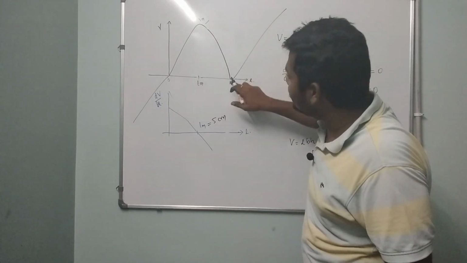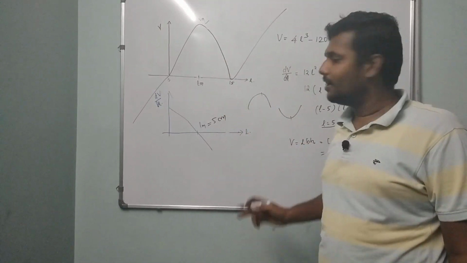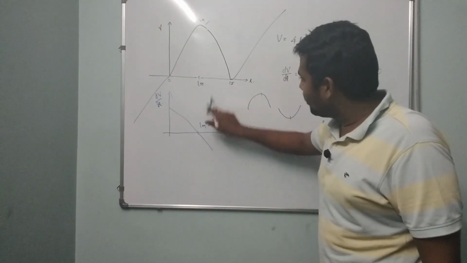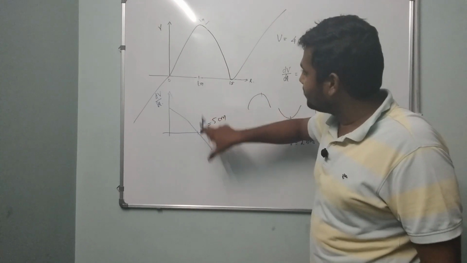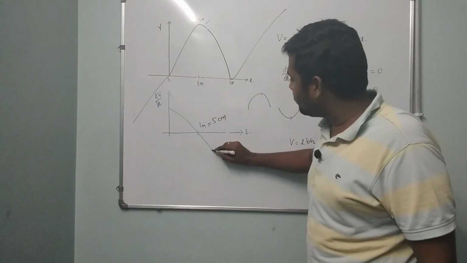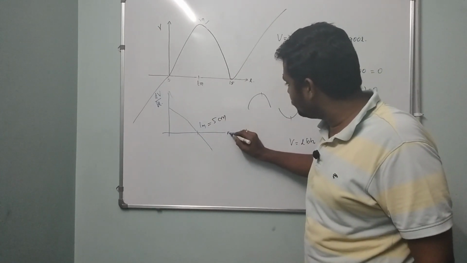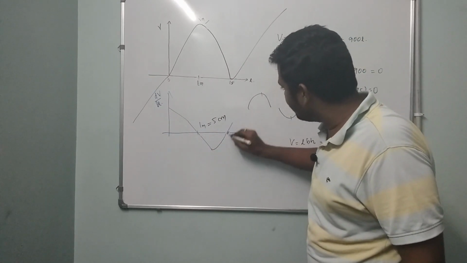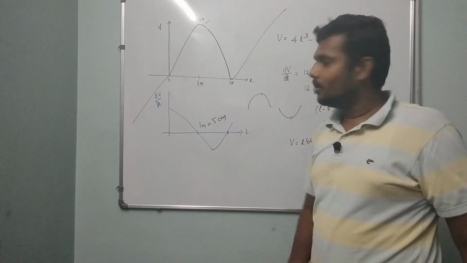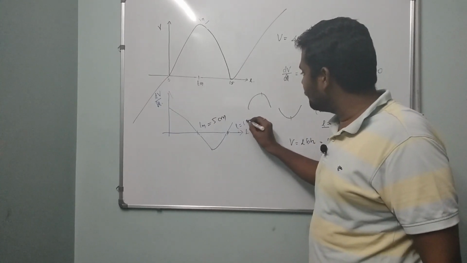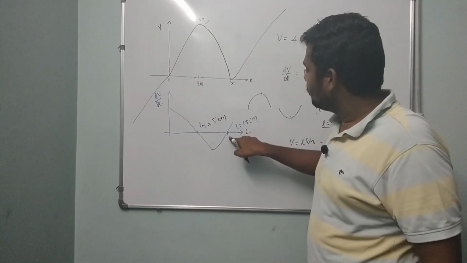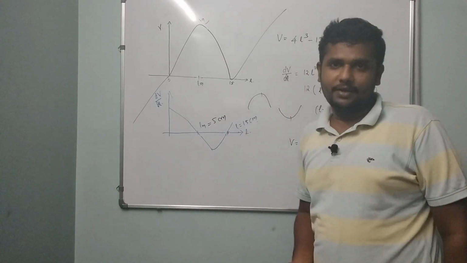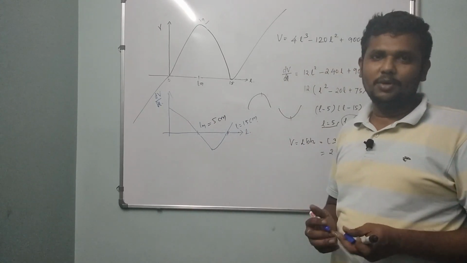So this is the maximum, and this is going to be the minimum. If you plot the rate of change for this curve, it keeps on increasing, then at one point it has to reach 0 value. So this point is called 15, and we can call it a minimum point.